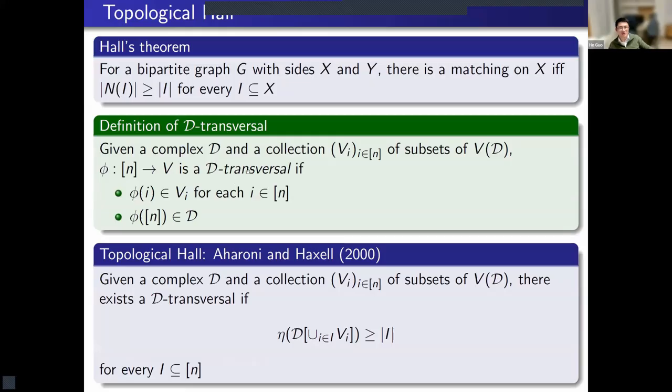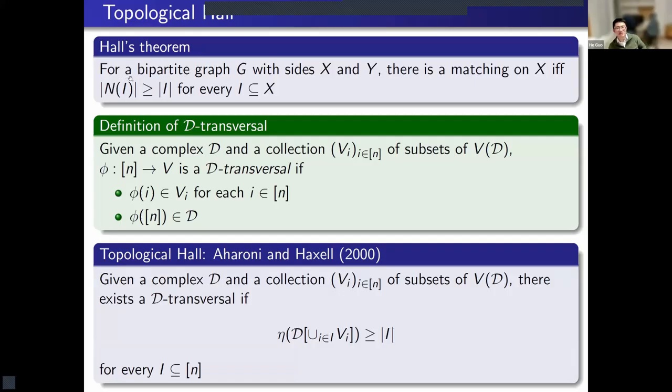Another ingredient is the topological Hall theorem. So what is the topological Hall theorem? First, let me remind you what Hall's theorem is in graph theory. I'm sure you have studied this in your graph theory course.